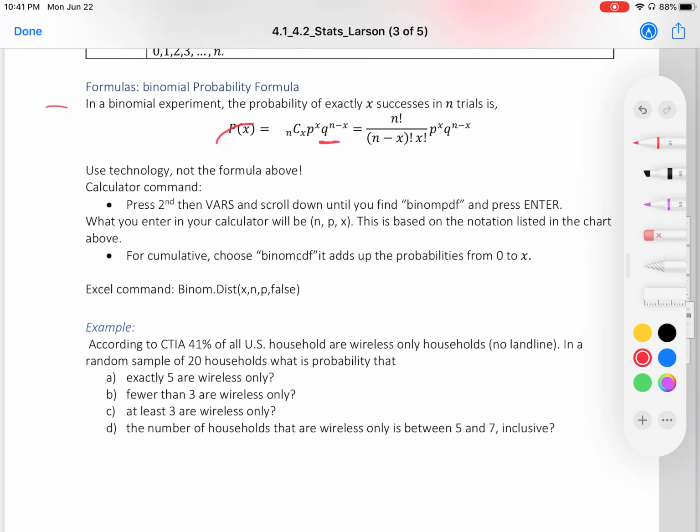It's beautiful and you can do it, but it can become quite messy. Use your technology. All right, so if you're using a calculator, I will post a video on this. We're going to press second vars and choose binomial PDF, and that's how you can use the formula above. You can also do cumulative, meaning it adds them from 0 up to whatever x you want to work with, and that would be binomial CDF. So notice the C and the P, that's the only difference. Every other letter in that phrase is the same.